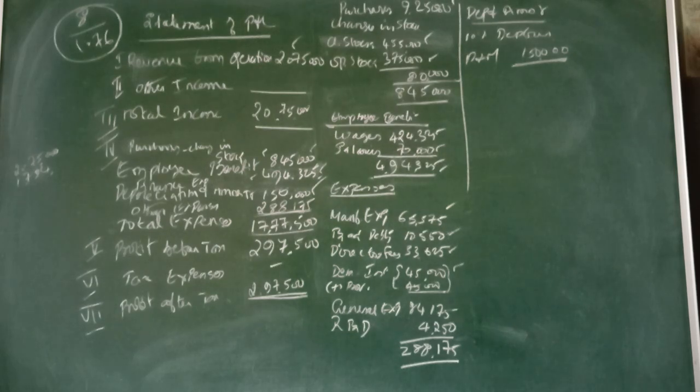Then miscellaneous expenditure, I am sorry. Then plant and machinery goes to the asset side, premises asset side. Interim dividend paid: that amount of interim dividend should go to the balance sheet.